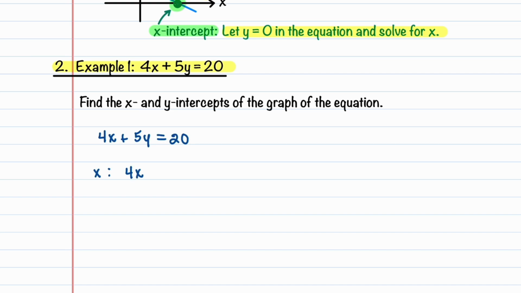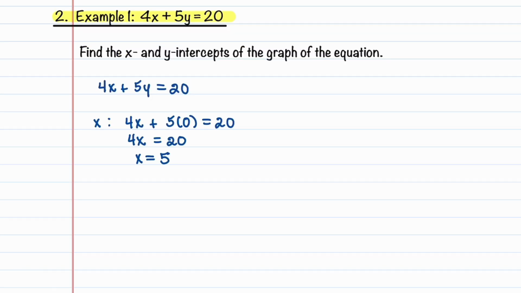So our equation is 4x plus 5 times 0 is equal to 20. This is just 4x is equal to 20. And then dividing both sides of the equation by 4, we get that x is equal to 5. Our x-intercept is then equal to 5, 0.